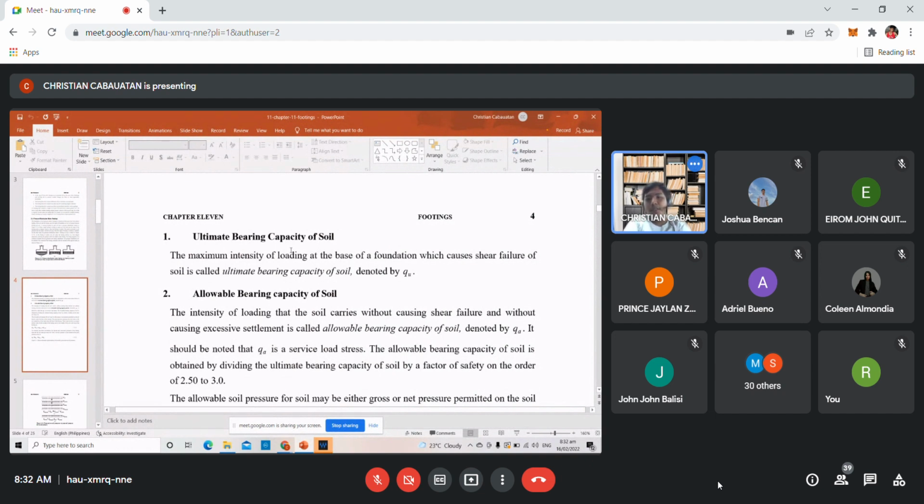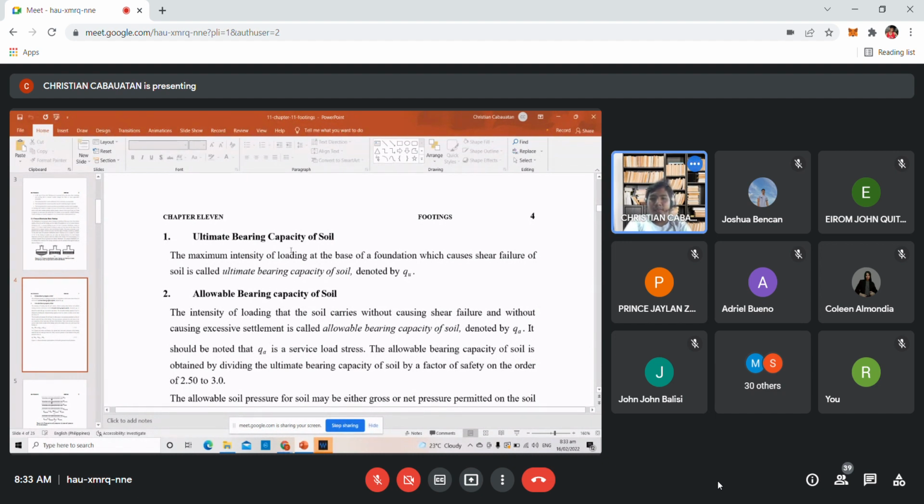So, the allowable bearing capacity of soil is obtained by dividing the ultimate bearing capacity, so yung QU mo, by a factor of safety or FS, yung tinatawag nila. So, therefore, yung ultimate bearing capacity mo in relation with the factor of safety, if the factor of safety is given, QA is equal to QU over FS.